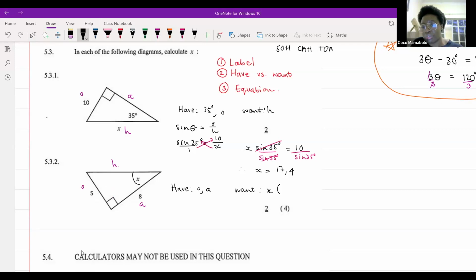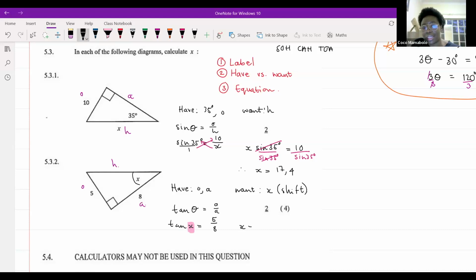So we must click shift. We must shift angle. Hashtag. All right. So my equation using O and A, using opposite and adjacent, would be tan. So I would go tan of theta is equal to opposite over adjacent. So tan of x is equal to my opposite, which is 5, over my adjacent, which is 8. I know I want an angle, so I must click shift.